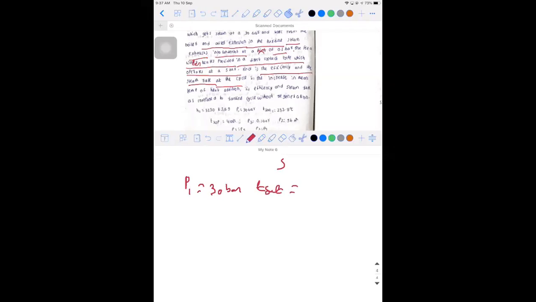Type your value in the chat box. Against P1 equals 30 bar, what is the T sat 1?